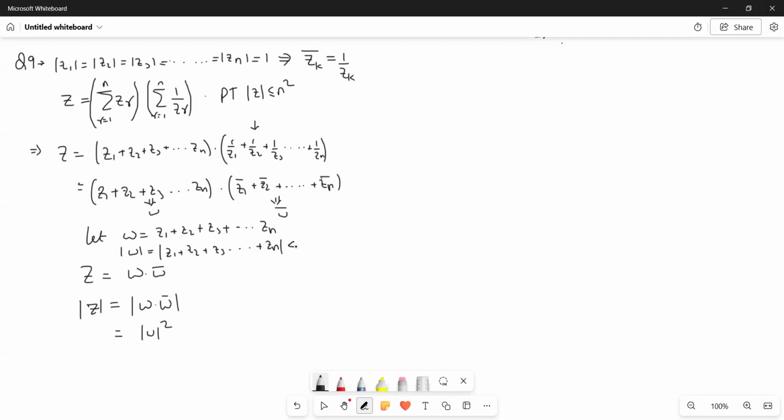And triangle inequality says this will always be less than or equal to mod of Z1 plus mod of Z2 plus mod of Z3 going up till mod of Zn. But what is the value of the right hand side? It will be n, because individually each value is 1. So this mod omega will always be less than or equal to n.